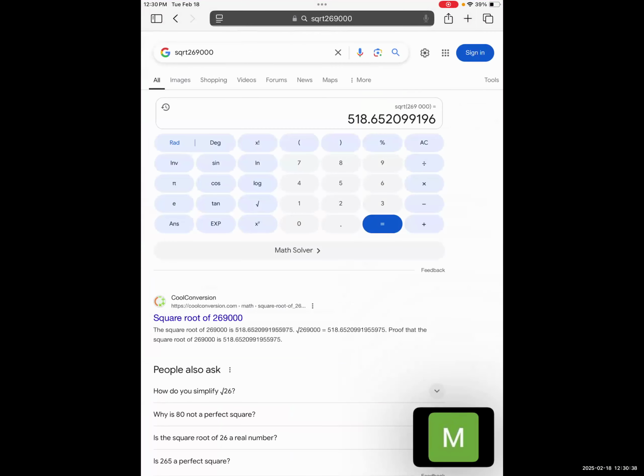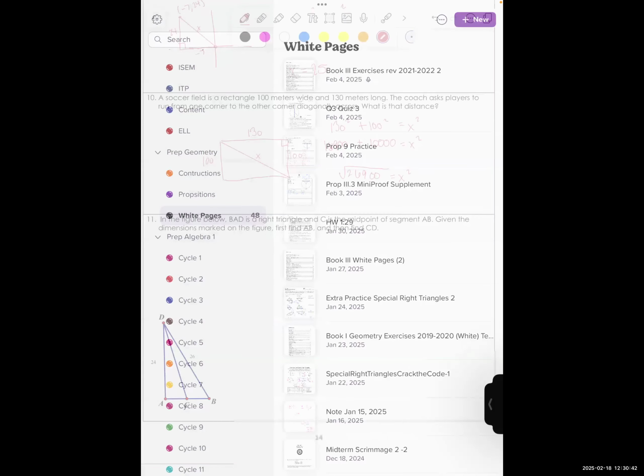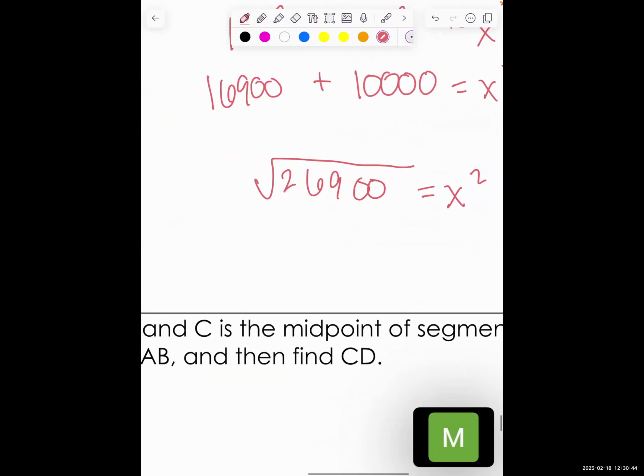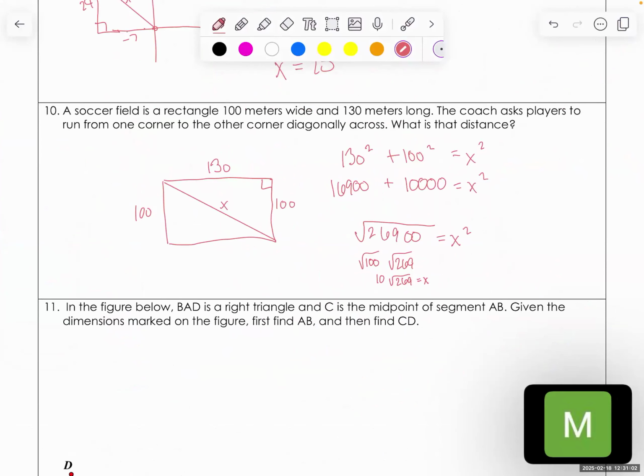You can leave it as square root 269. I think it does break down. Oh, okay. You can break this down into 100 and square root 269. I think we're going to leave it as that, and I will come back and simplify it if need be. I'm so sorry.